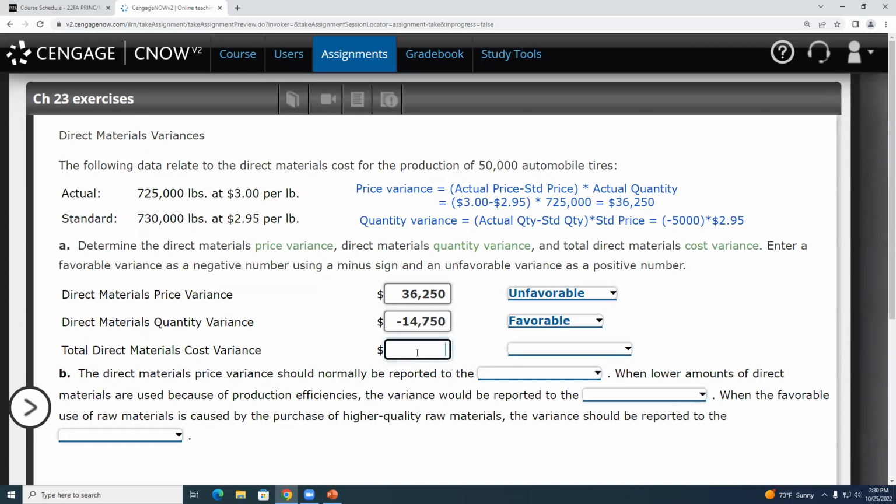Now there's two ways we can get to the total direct materials variance. We can simply net these two numbers together. 36,250 minus 14,750 gives us a positive 21,500. That tells us that the net variance, the total variance, is unfavorable.